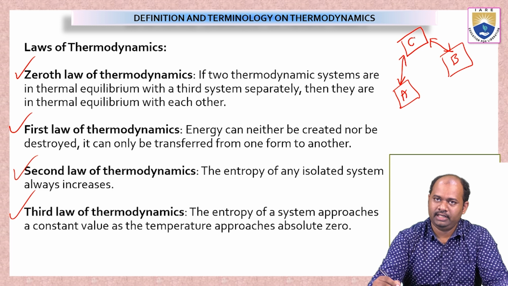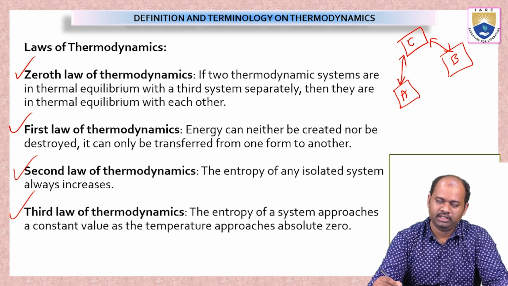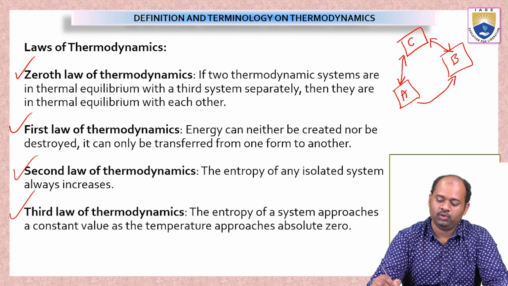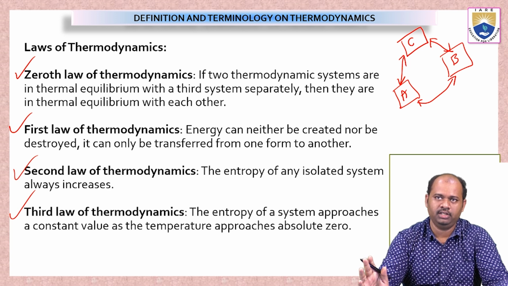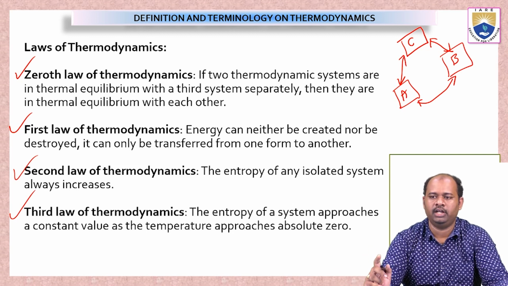So, A and C are in thermal equilibrium, B and C are in thermal equilibrium, then A and B also can be called as under thermal equilibrium. This is the zeroth law of thermodynamics, where we compare 3 bodies. When A and C are in thermal equilibrium, and B and C are in thermal equilibrium separately, then A and B are said to be in thermal equilibrium because both of them are in thermal equilibrium with a third body, that is C.